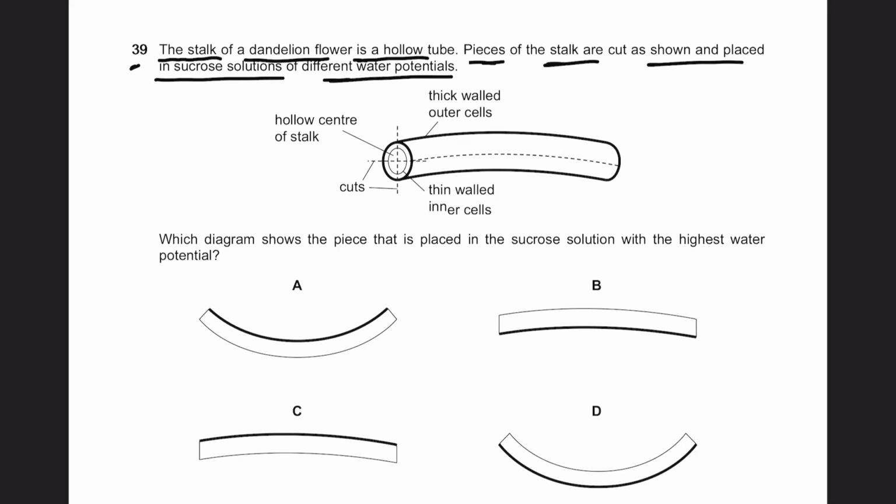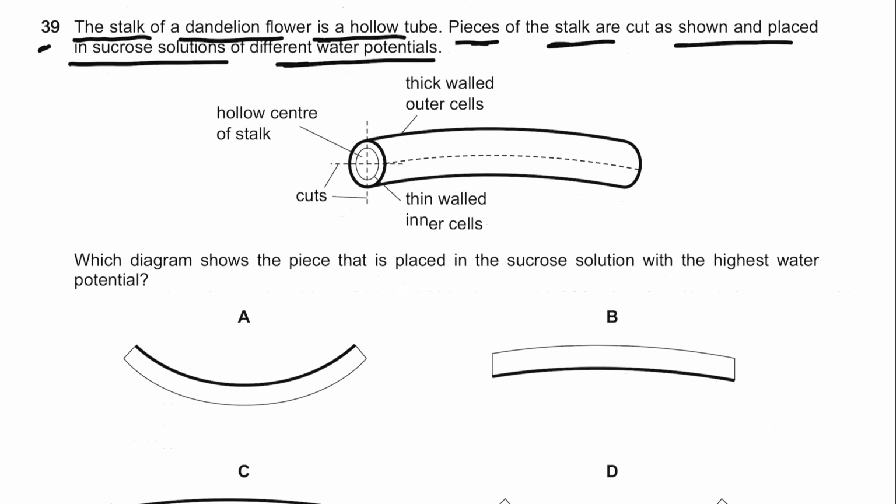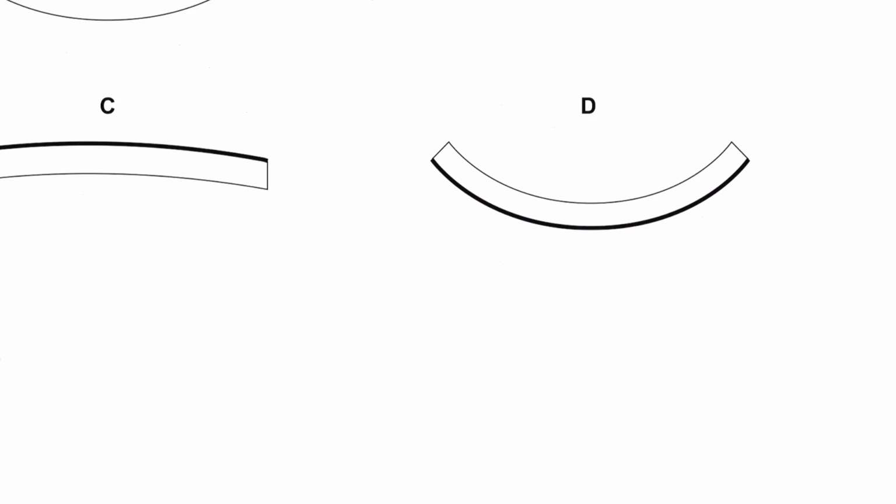So what they have done is that they took a stalk of a dandelion flower and cut the stalk into a strip, and this strip is placed in sucrose solutions of different concentrations. They have cut a strip which is somewhat like this.